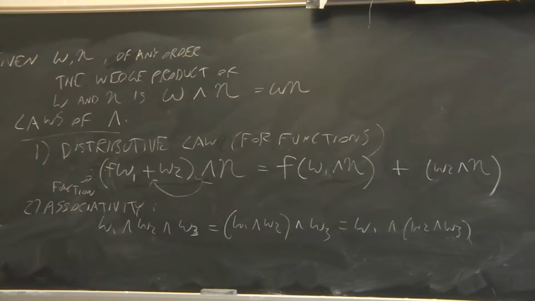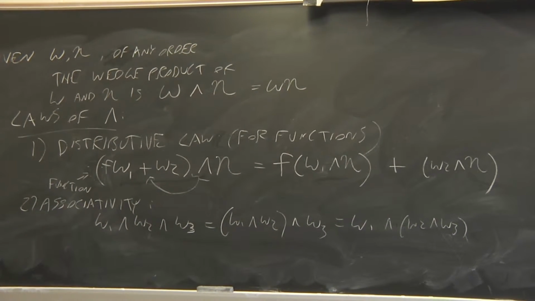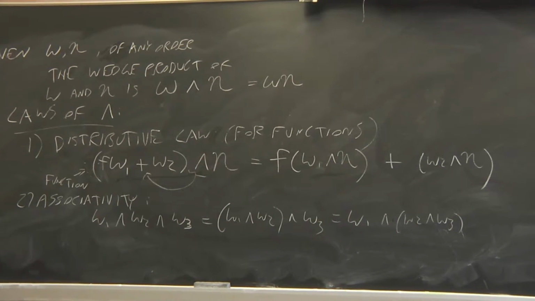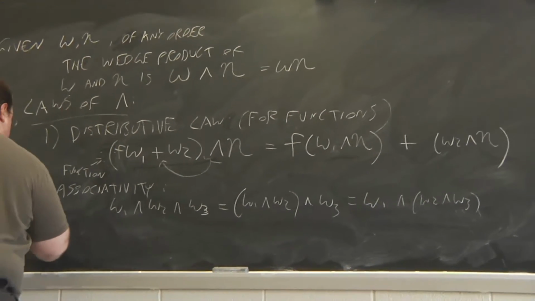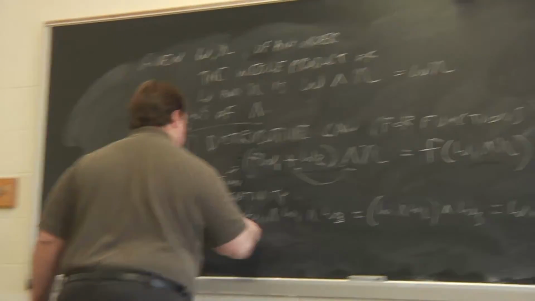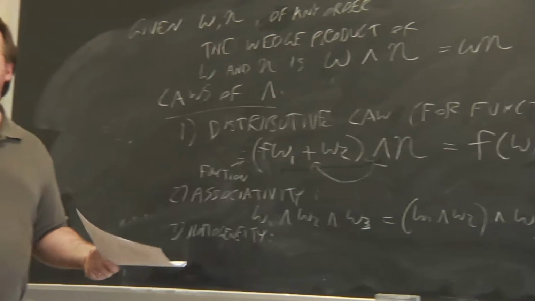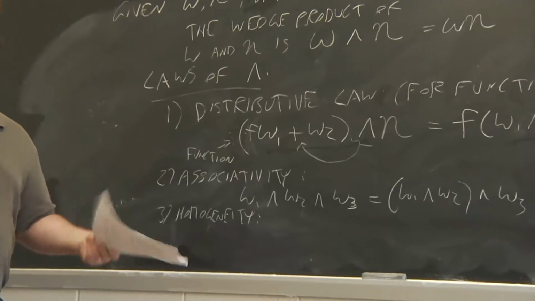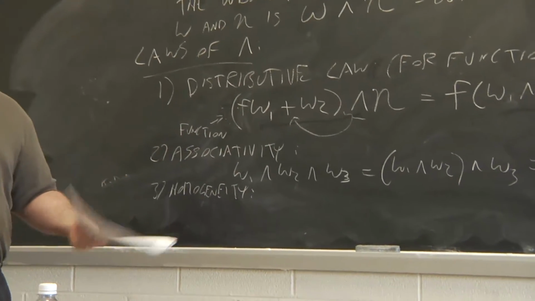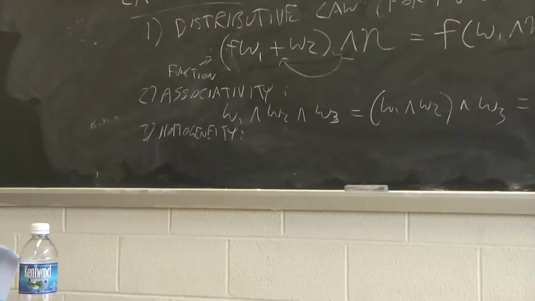Then functions you can kind of treat like constants in a way. Just like when you're computing derivatives or integrals and you have a constant multiplying a function, you can always pull the constant out. It works the same kind of way with functions.